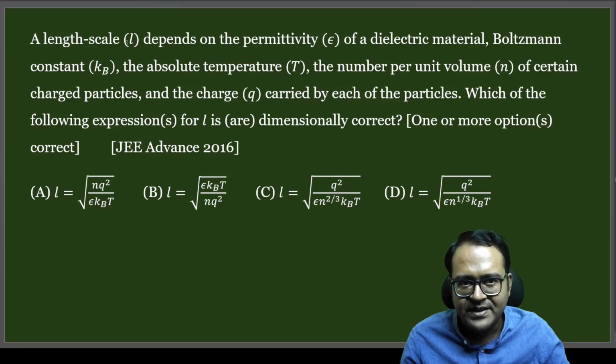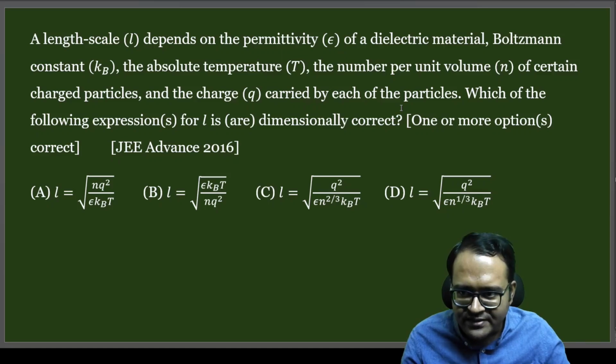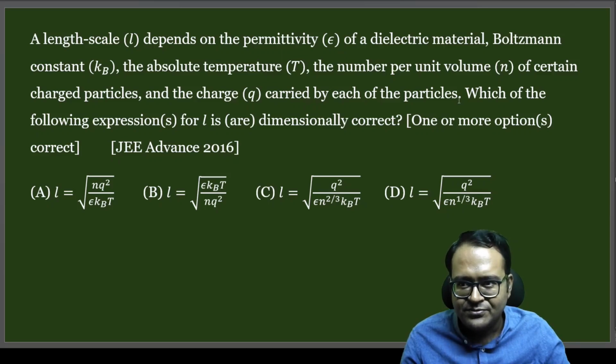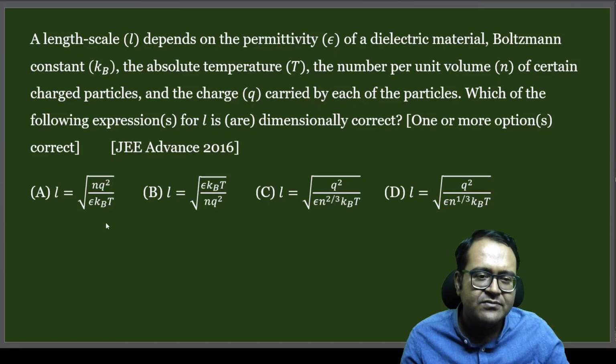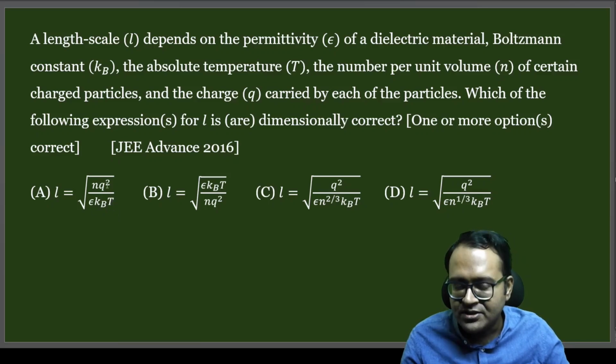A length scale depends on permittivity, Boltzmann constant, absolute temperature, number per unit volume of certain charged particles, and the charge itself. So, which of the following quantities is dimensionally correct? That means you need to calculate something with dimension of length with all these quantities: n, number per unit volume, temperature, Boltzmann constant, permittivity, and charge.